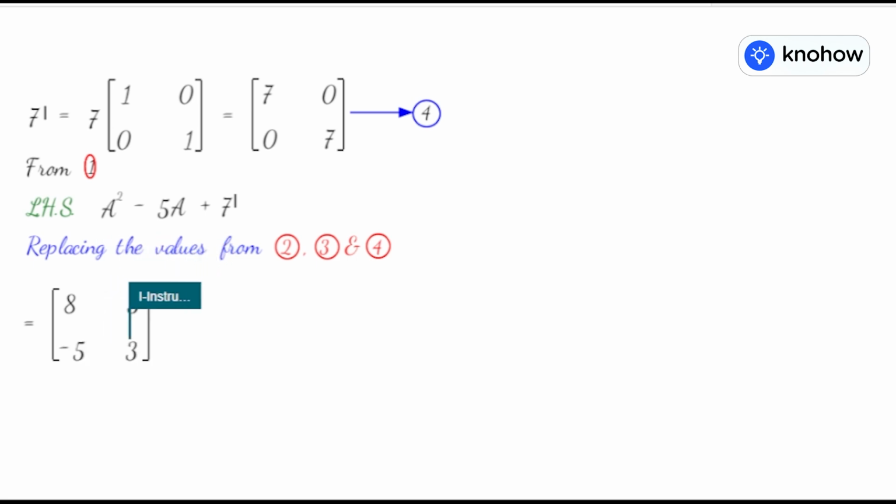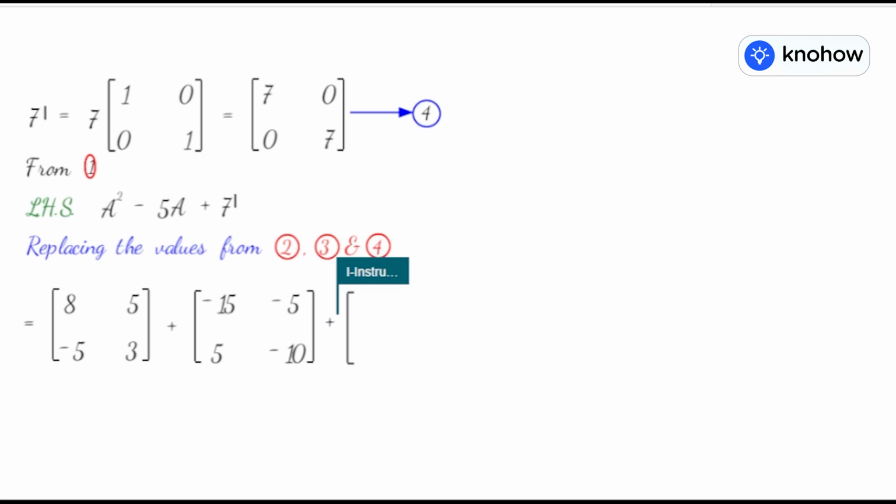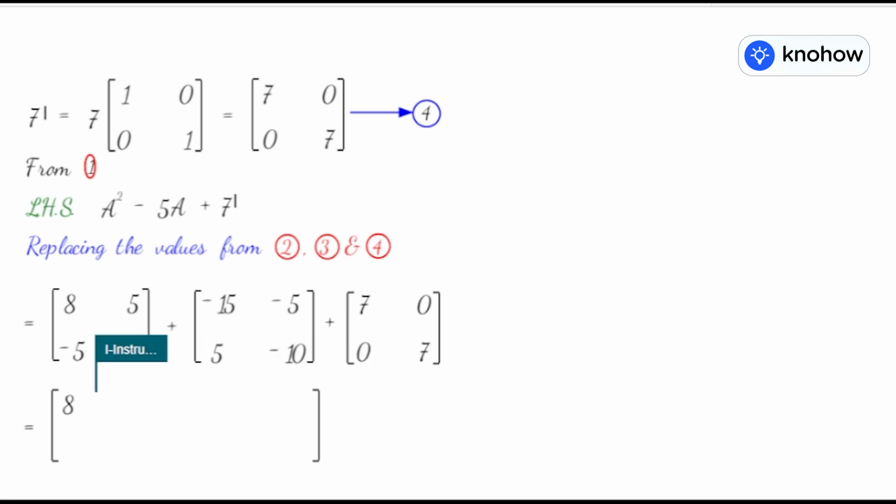The value of minus 5A we worked out as minus 15, minus 5, 5, minus 10, and that of 7I is 7, 0, 0, 7. All the three matrices being of order 2 by 2, we can add the corresponding elements. So by addition, you get 8 minus 15 plus 7, then 5 minus 5 plus 0, minus 5 plus 5 plus 0, and 3 minus 10 plus 7.